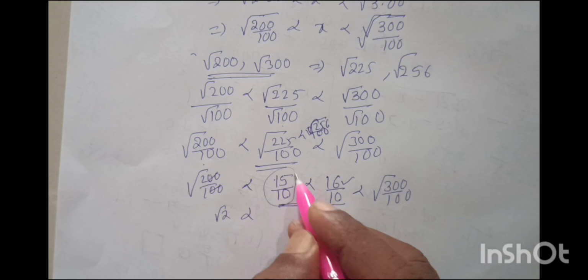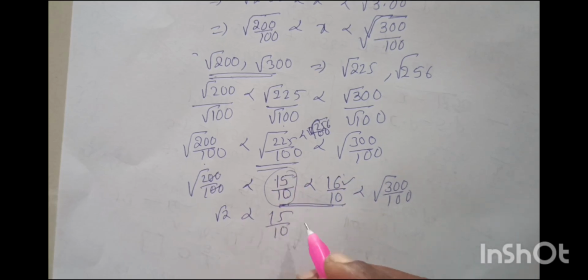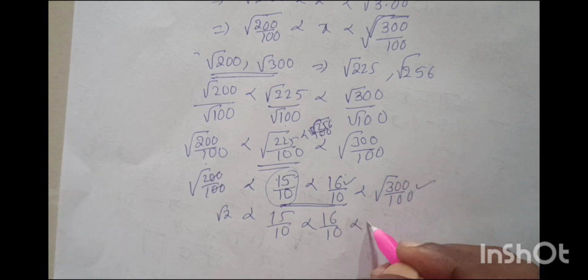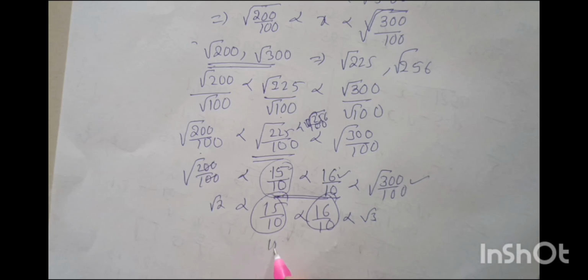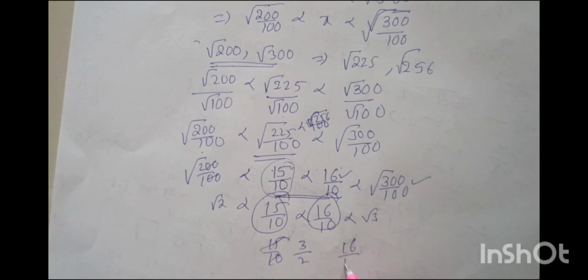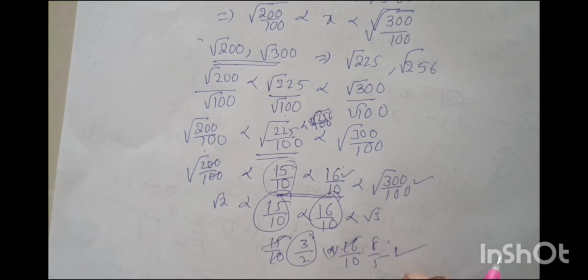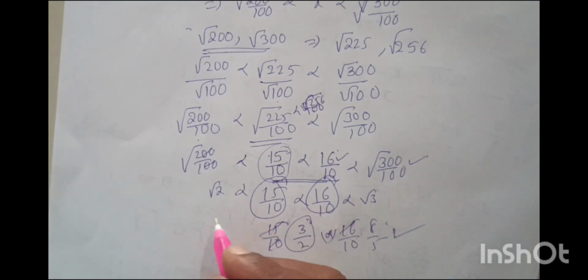We choose 15/10 or 16/10, which lie between √2 and √3. Rational numbers 15/10 means 3/2, and 16/10 means 8/5. So 3/2 or 8/5 is the required rational number between √2 and √3.